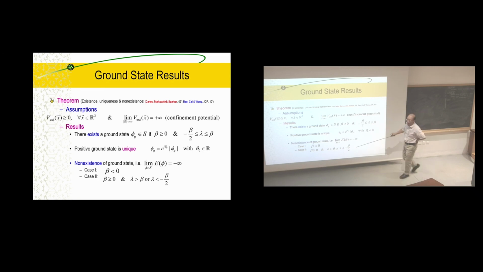For example, if lambda equals 0, in 3 dimensions, as long as beta is less than 0, there is no ground state. Ground state means the minimizer. That means we can find a sequence phi n such that E of phi n goes to minus infinity when n goes to infinity. So that means the limit of the set is 0.